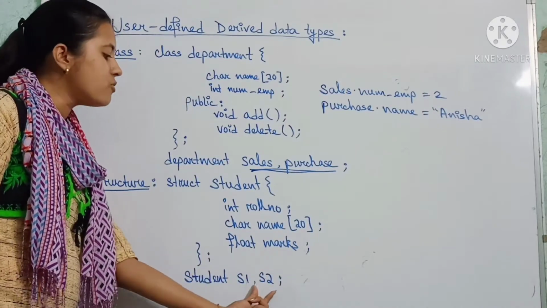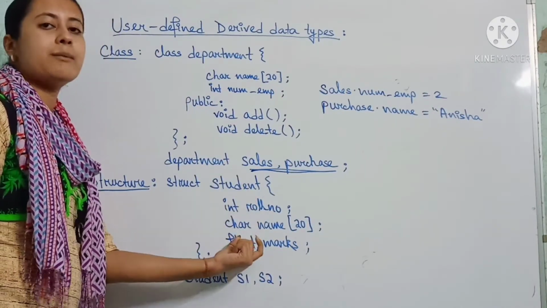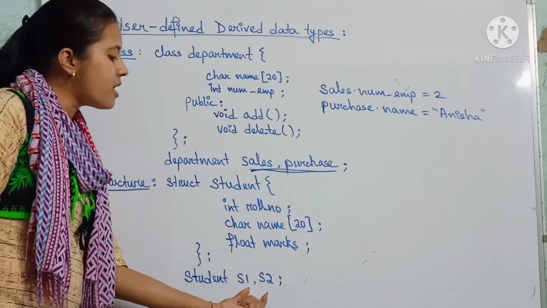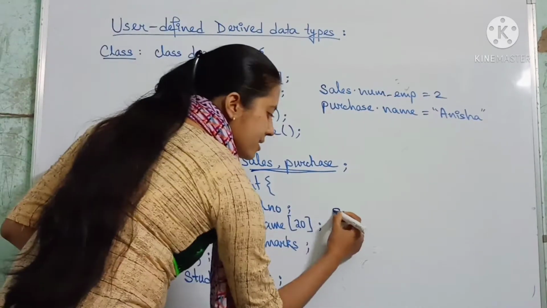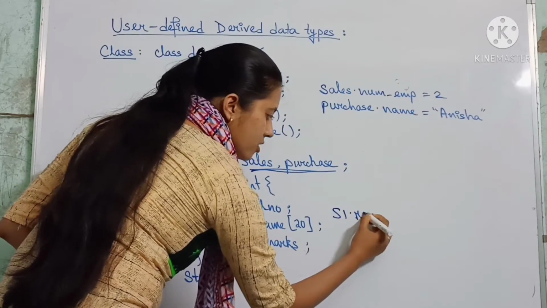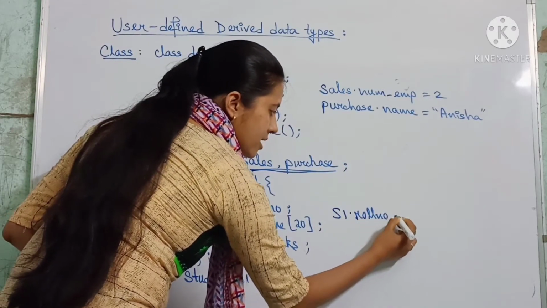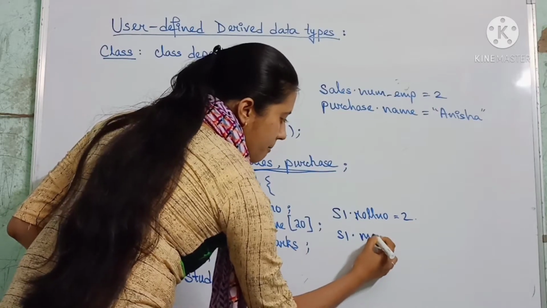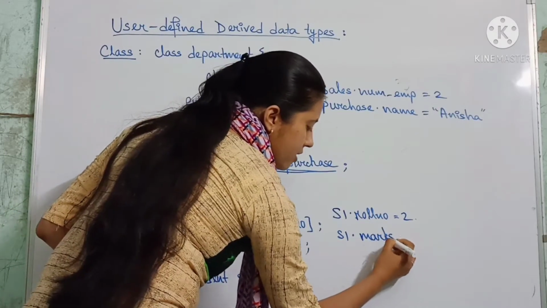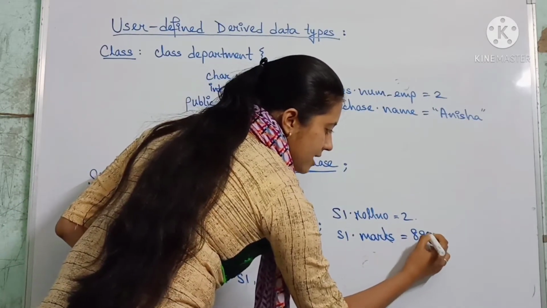So whenever you want to access any data members from this structure, you have to access them using this object, like S1.roll number equal to 2, then S1.marks you have to assign like this, 89.5.